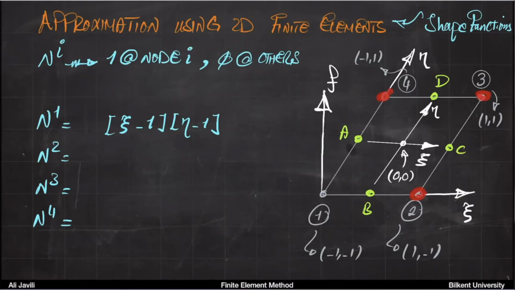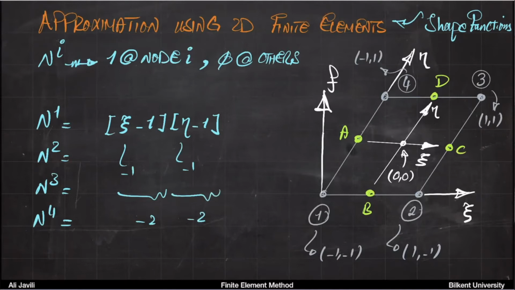But the problem is that if I insert the coordinate of node 1, would it give me 1 or not? So the coordinates of node 1 are -1 and -1. So if you insert -1 for xi and -1 for eta, you get -2 times -2.